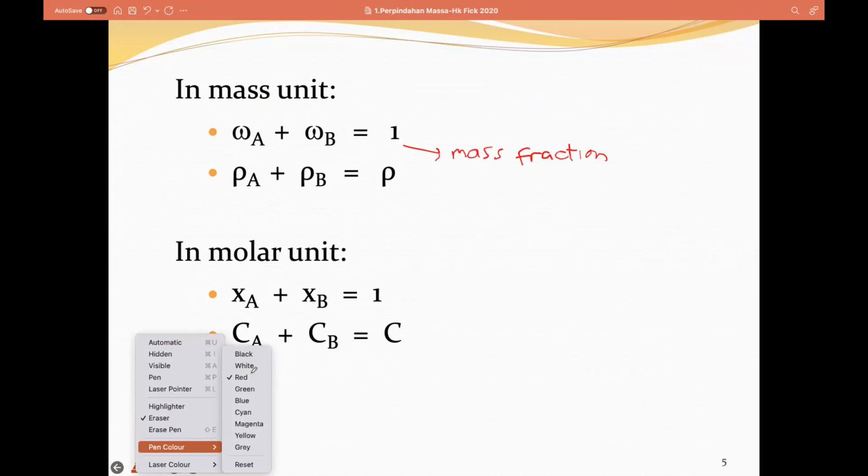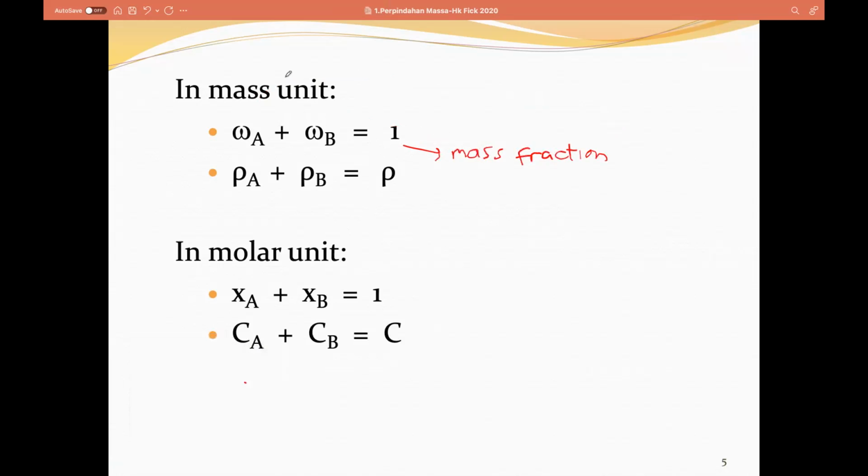Okay, so here's the thing. You can have everything in a mass unit, or you can have it in a molar unit. If you use a mass unit, then for the concentration you use rho, the density. This is the mass of the gas divided by the volume.